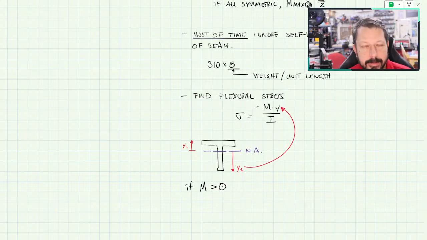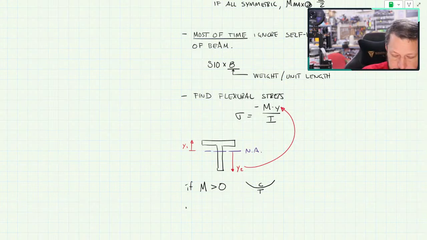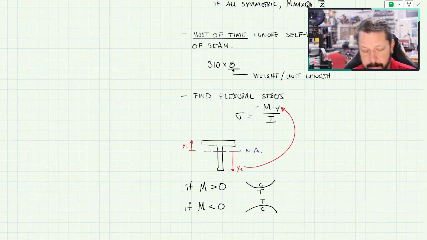If it is 0, then there's no flexural stress. But if it's greater than 0, so it's a positive bending moment, then the beam has tension on the bottom and compression on the top. If M is less than 0, so it's a negative number, then you've got tension on the top of the beam and compression on the bottom.